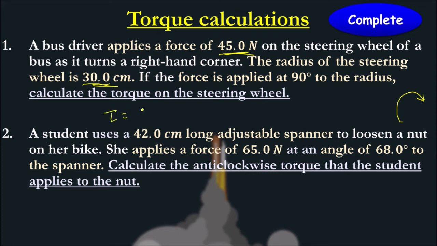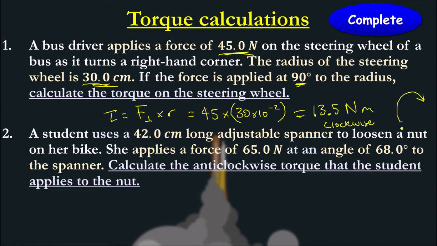We simply use this formula here. Because it's perpendicular, 90 degrees, we get a maximum torque. We have 45 newtons times 30 centimeters. Now that 30 centimeters needs to be converted into meters. And what we get is 13.5 Newton meters clockwise.